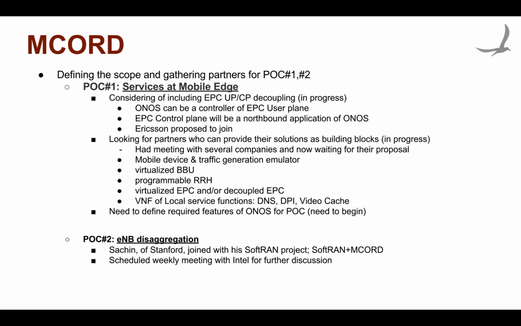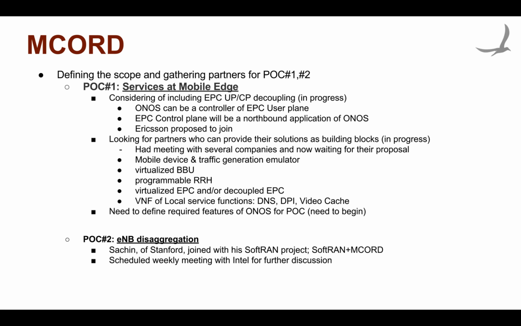And we are looking for other partners who can provide us building blocks like a mobile device and traffic generation emulator, and we need a virtualized baseband unit and programmable remote radio head and virtualized EPS, or one with decoupled controller and user plane.